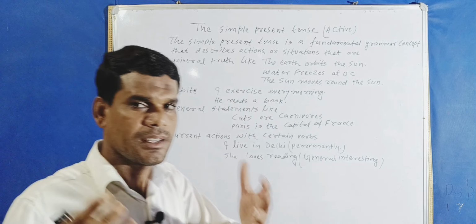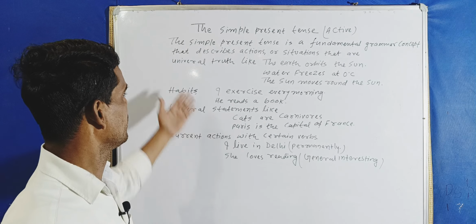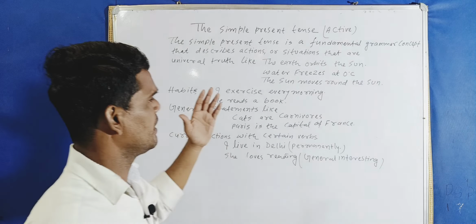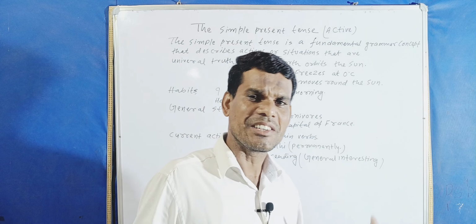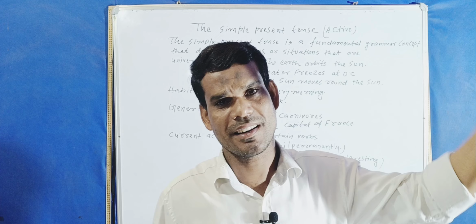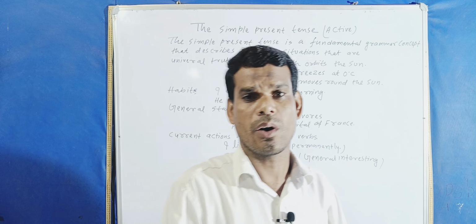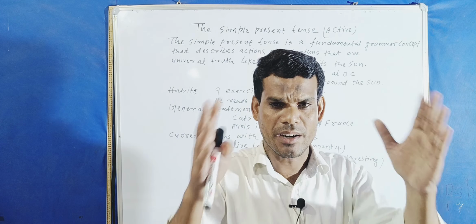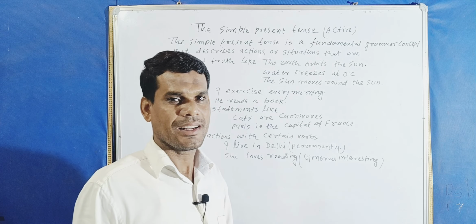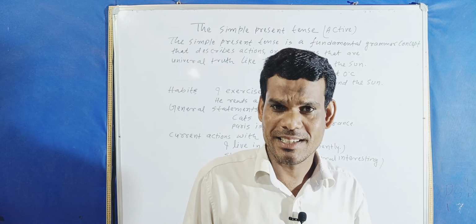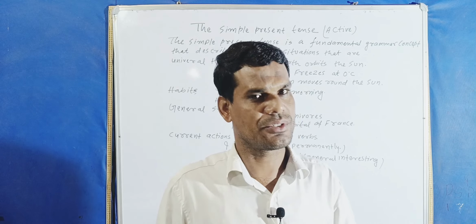For example, we see on the board, universal truth: the earth orbits the sun. It's a universal truth. In the past, in the present or in the future, it will continue to run. Therefore, it expresses the universal truth.